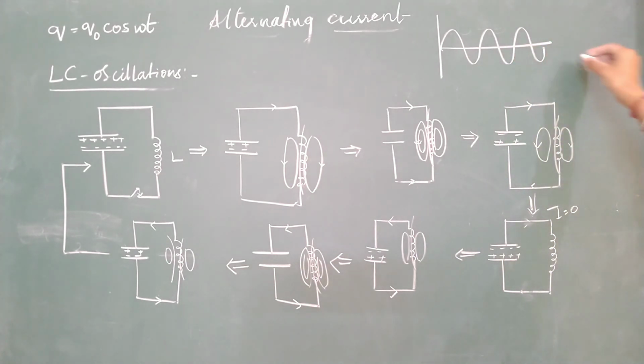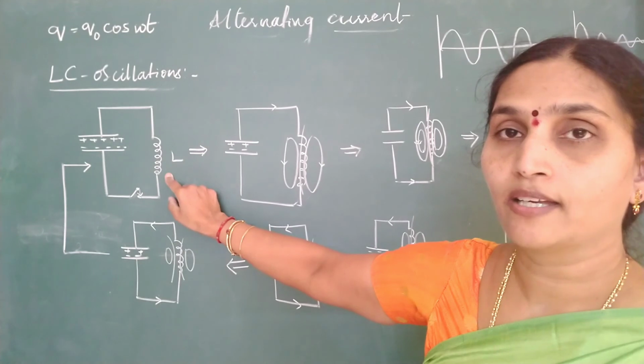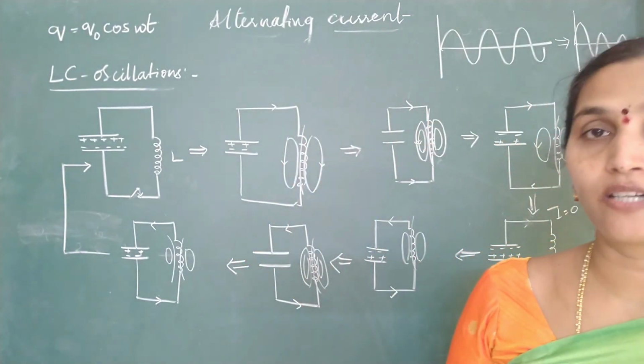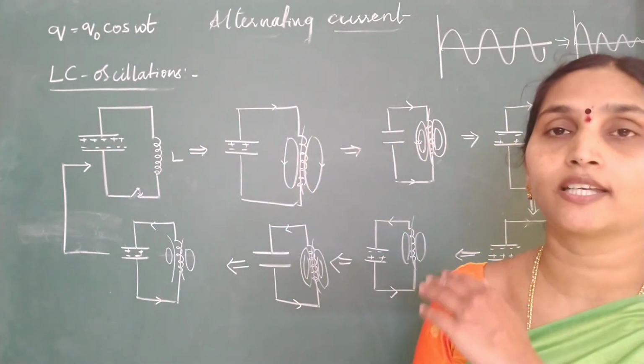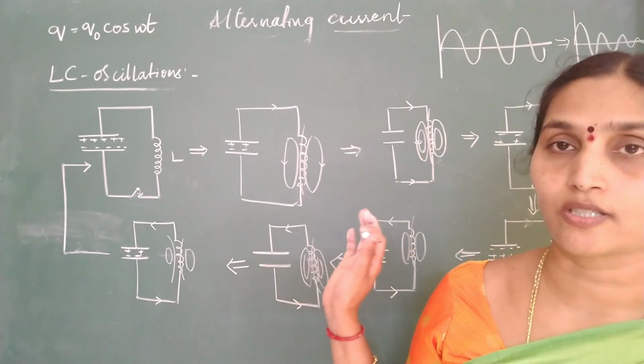In fact, the nature of oscillations will be damped oscillations because resistor dissipates energy in the form of heat. The resistance offered by inductor will dissipate the energy. So what is the nature of oscillations? We can't expect sustained oscillations. It will become damped oscillations.